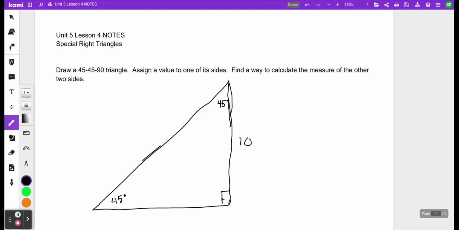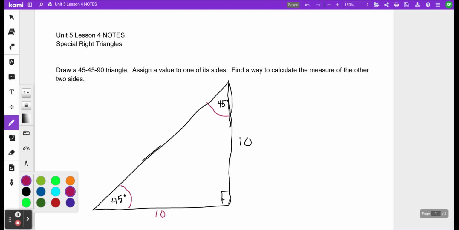Now, we need to figure out a way to solve it for the other sides. Well, we know that our two angles are the same. So in theory, our two sides will also have to be the same, our two legs.